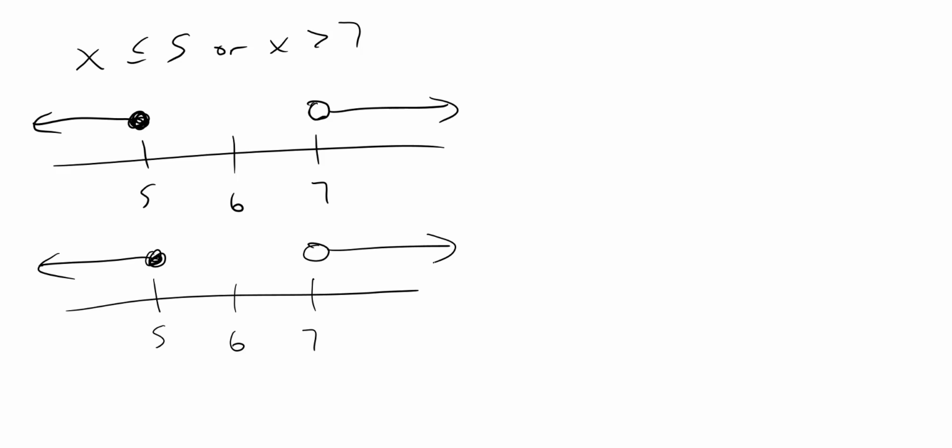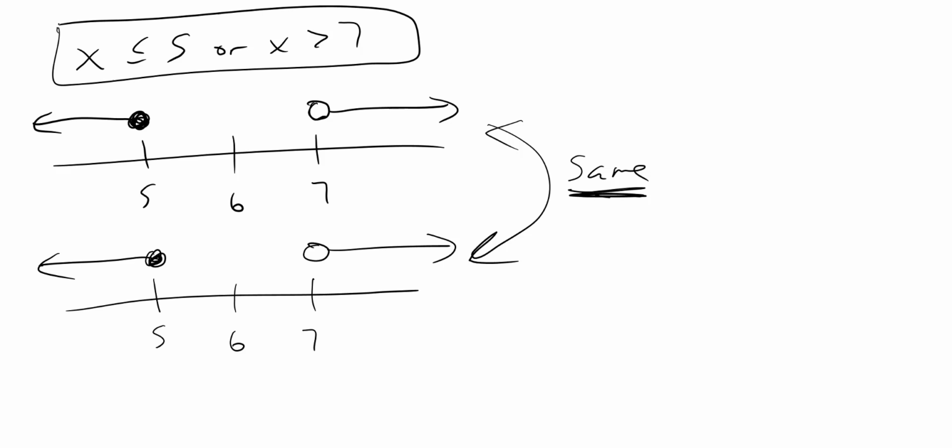Because it's wherever I see a line, I draw it. So it happens to be less than 5 and greater than 7, right? So this is the same, which is okay. You just have to recognize it. It happens to be the same. So your final answer is this as well. X is less than or equal to 5, or x is greater than 7. Okay, it happens to be 2 parts to it because it's both.